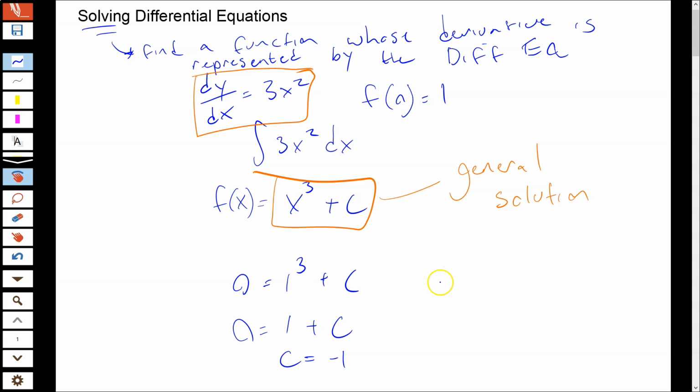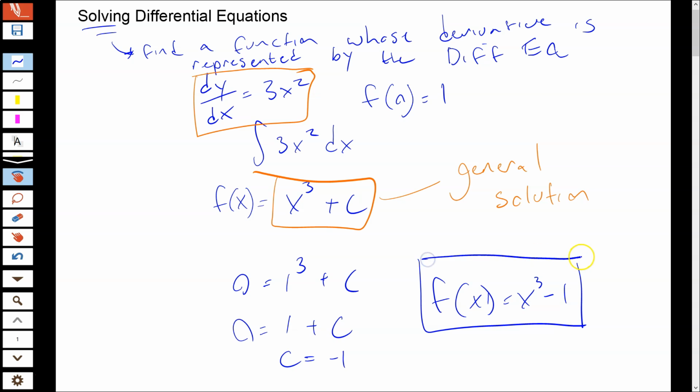And then my particular solution, this is called, would be this. So this would be my particular solution to this differential equation. Okay, so that's the connection to integration.